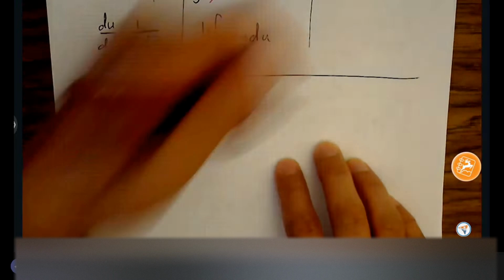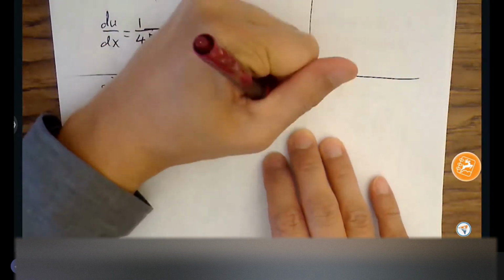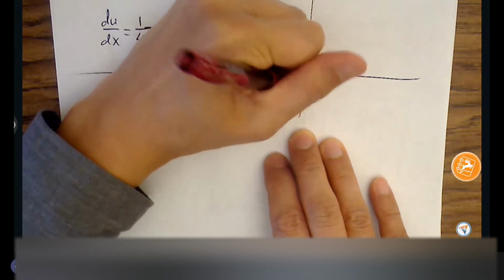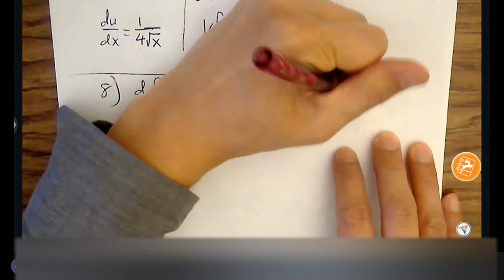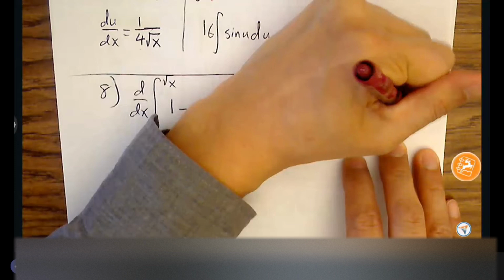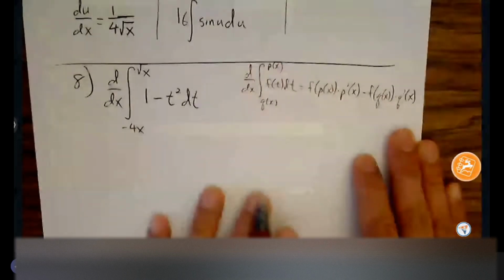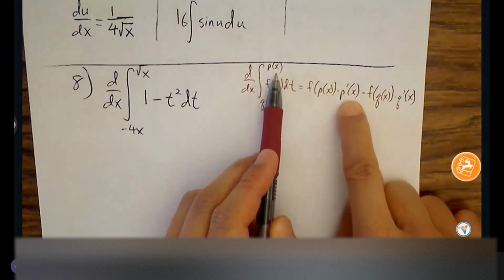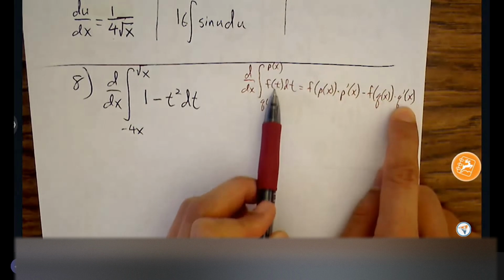So the rule looks like this. Plug the upper bound into the variable of the function, multiply it by the upper bound's derivative, minus lower bound into the function times lower bound's derivative.